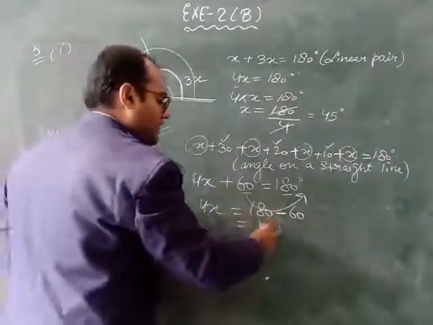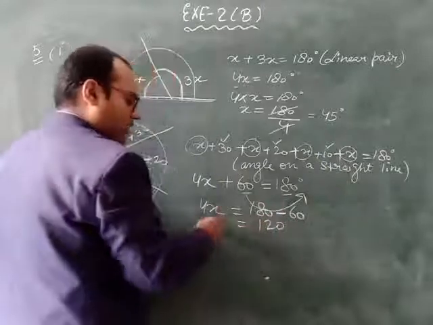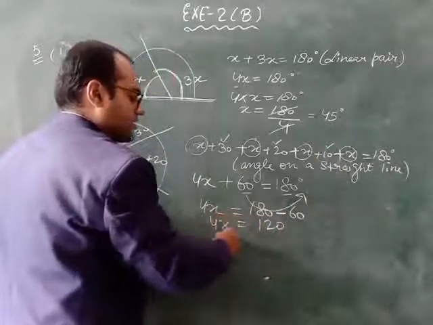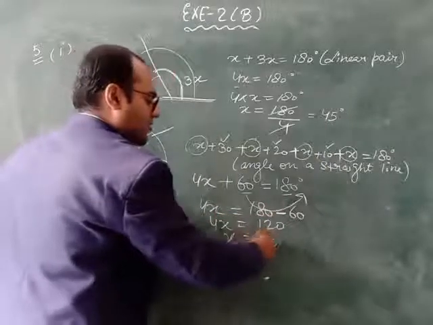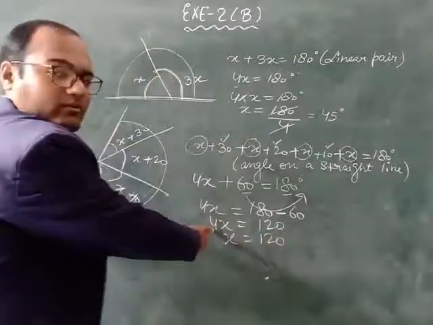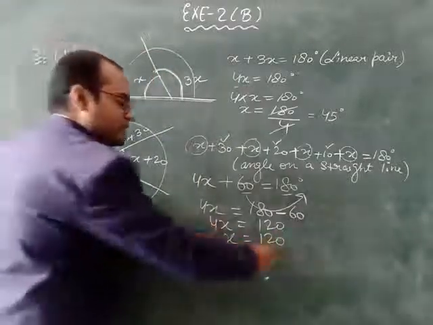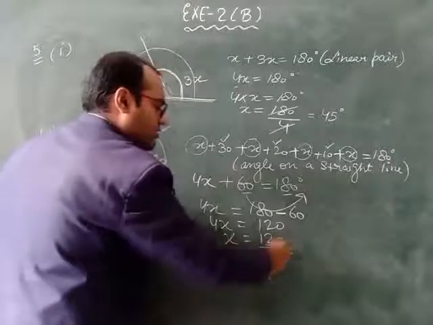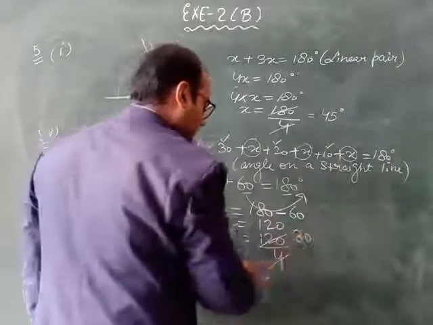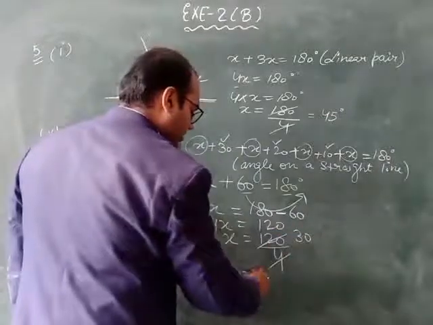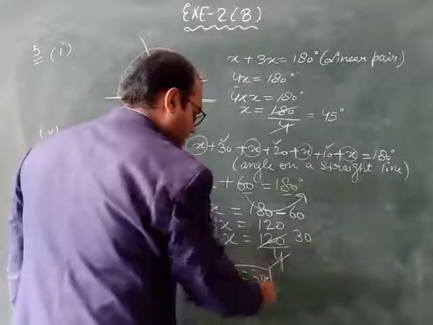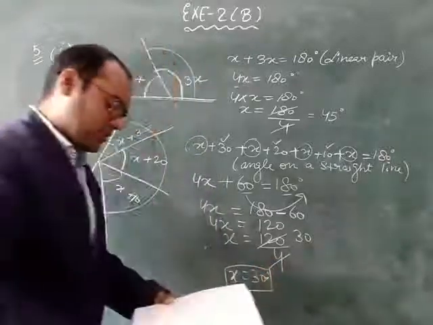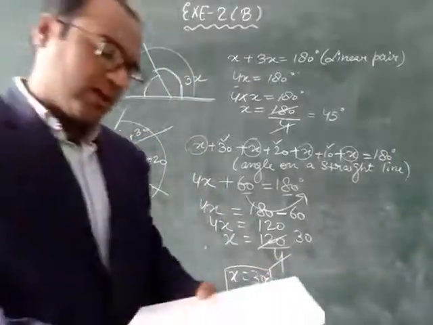On subtracting we get 120. On the left-hand side 4x is there. 4x is equal to 120. The 4 we have to remove. 4 is in multiplication, so now we will write it in division. On cancelling them we get 30. So the final answer of x is 30 degrees. So this is the final answer of question number 5, last part.